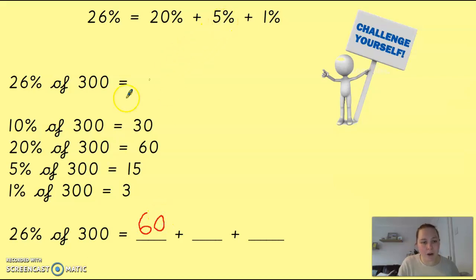I needed 5. 5% is 15. And I needed 1, 3. So then I can work out my final answer. 60 plus 15 plus 3, 60 plus 15 is 75, add 3 is 78. So 26% of 300 would be 78.